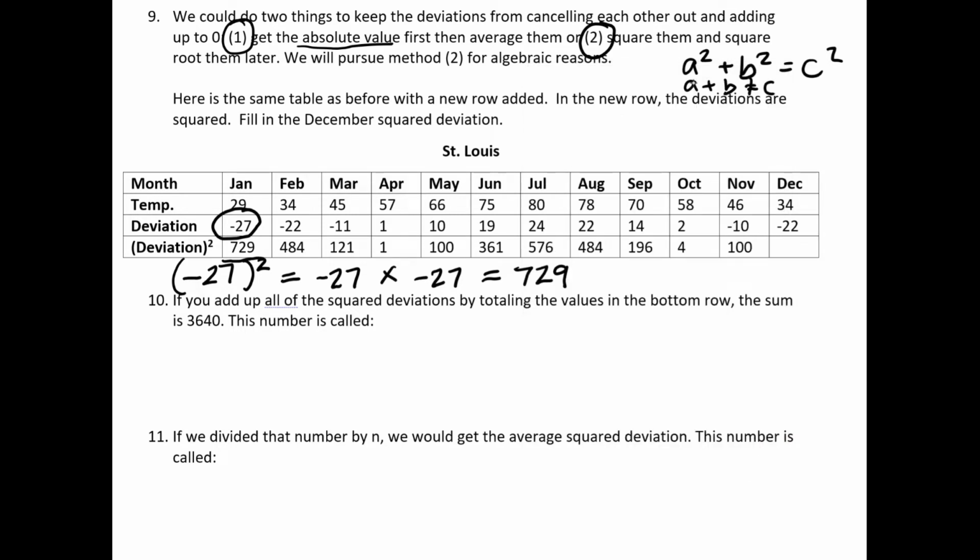So we can see this bottom row, we're just squaring all of the numbers above. So I want you to take a moment and, just for practice, calculate for December, what is the squared deviation for December? Again, we don't even need any other information here. Just square that and put that in.